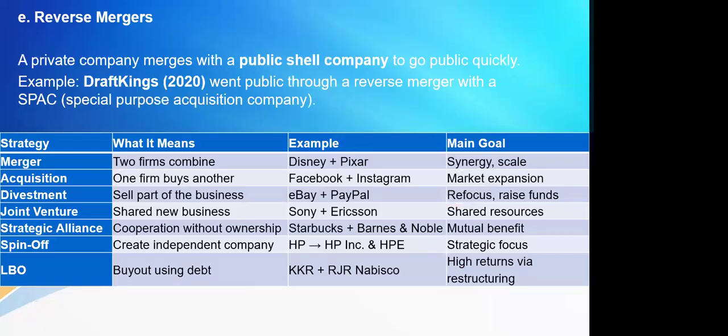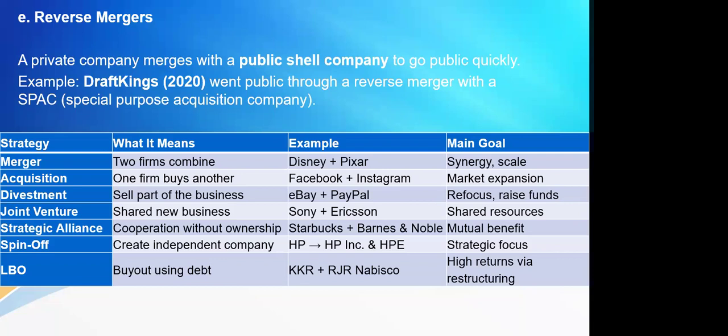Now, another item is reverse mergers. It means a private company merges with a public shell company to go public quickly. For example, DraftKings in 2020 went public through a reverse merger with a special purpose acquisition company. You know the difference between a private company and a public company. In Sri Lanka, now you can create a public company having one shareholder.